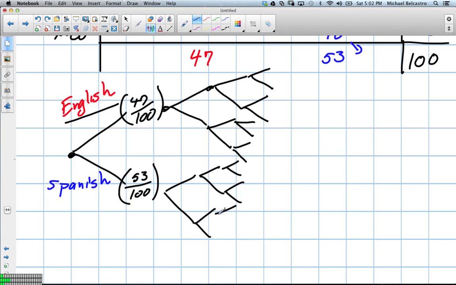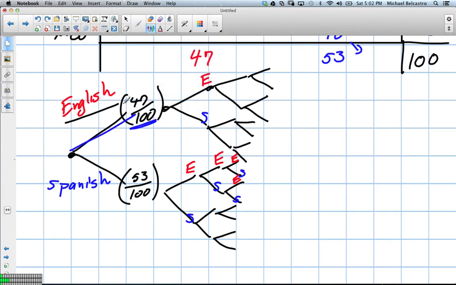So you're probably going, what the heck is he drawing? And for each of these events, we'll say going up refers to drawing a person who speaks English, and going downwards refers to someone speaking Spanish. Okay, so this is the idea here.